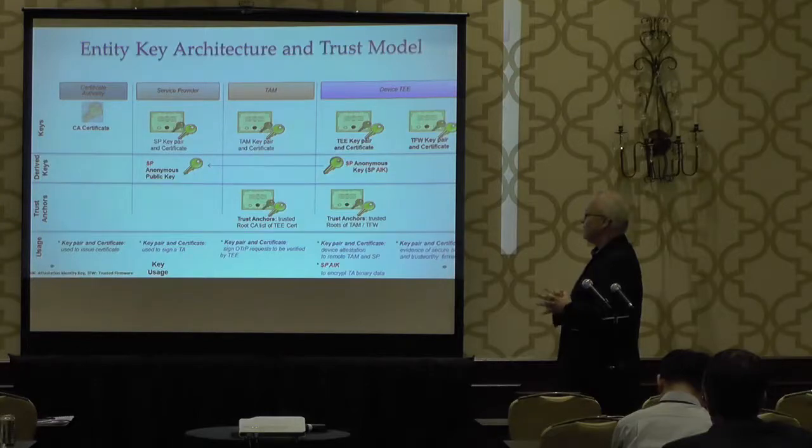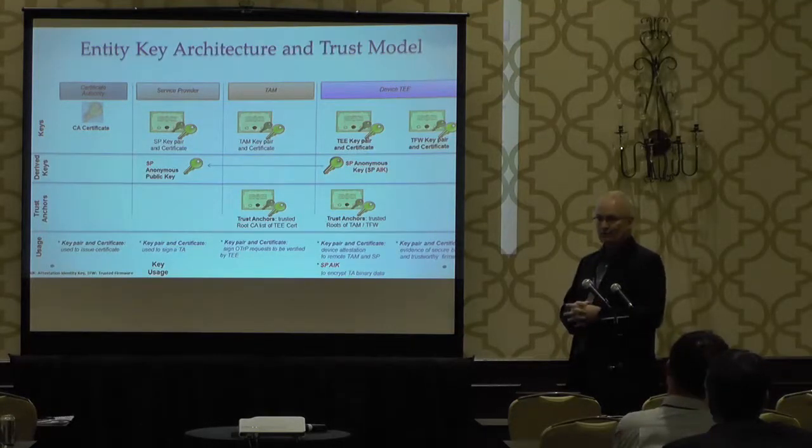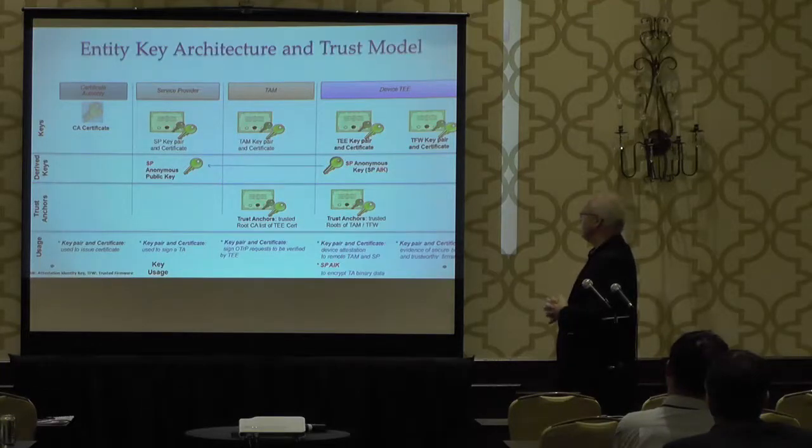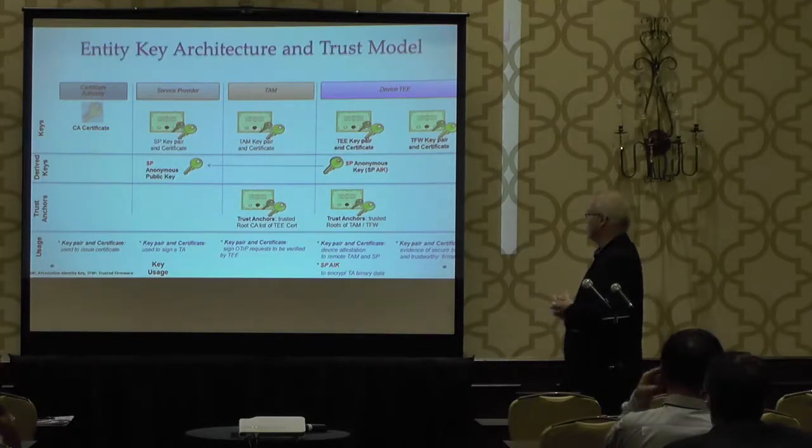So the key pair of the service provider will be used to sign the trusted application. The key pair of the TAM will be used to sign the OTrP requests, which are passed to the TEE. The key pair of the device TEE will be used for device attestation to the TAM and to the service provider.